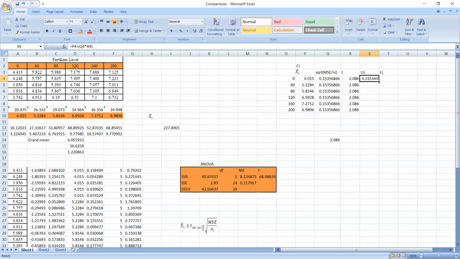This will give you the upper bound for your confidence interval. For the lower bound, you take the sample mean and subtract the multiplication of these two terms.